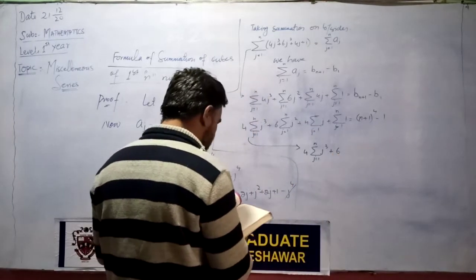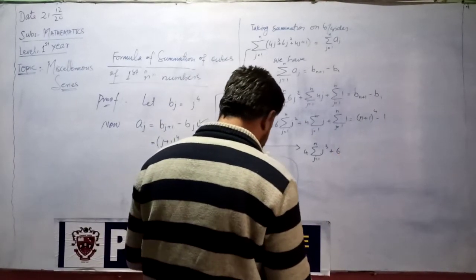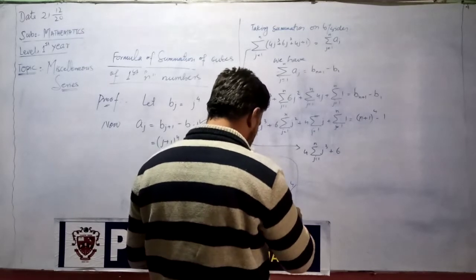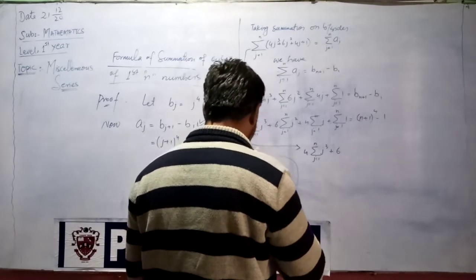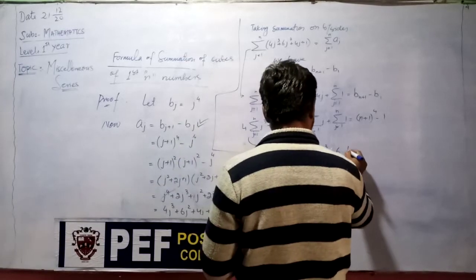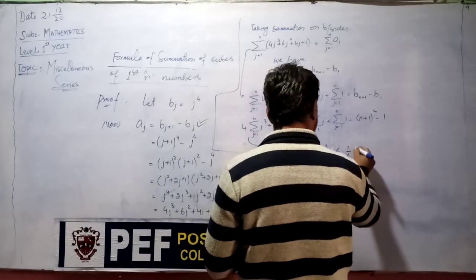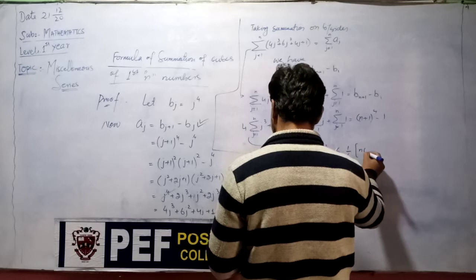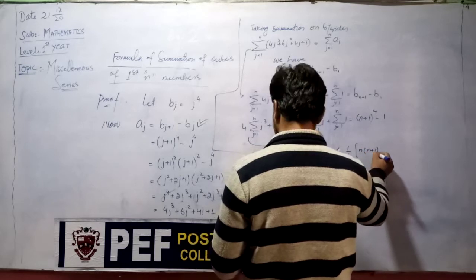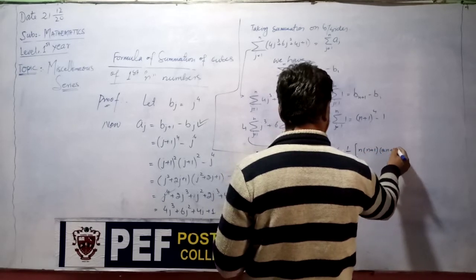Already for the summation of j^2 we have calculated that this is equal to 1/6 n(n+1)(2n+1).